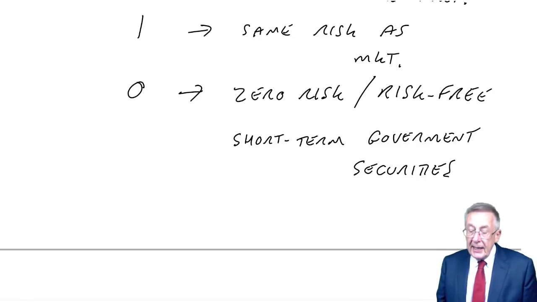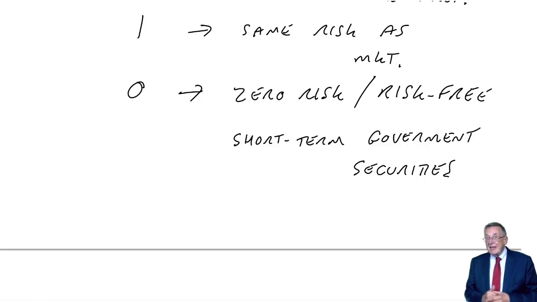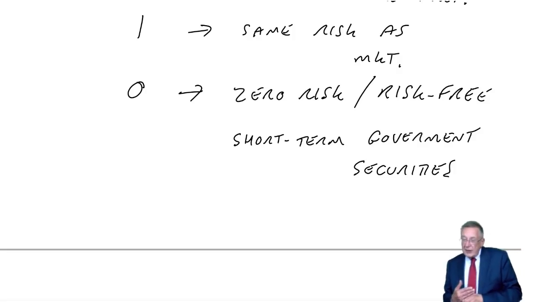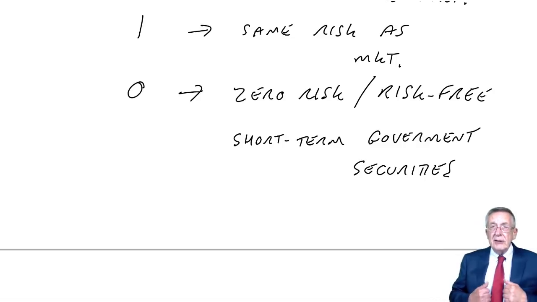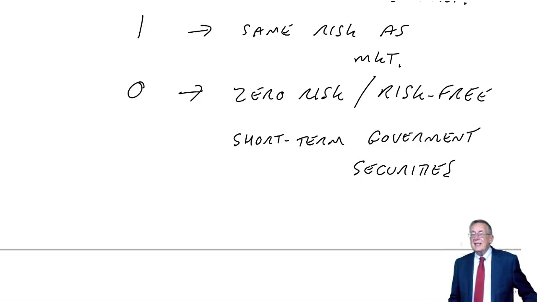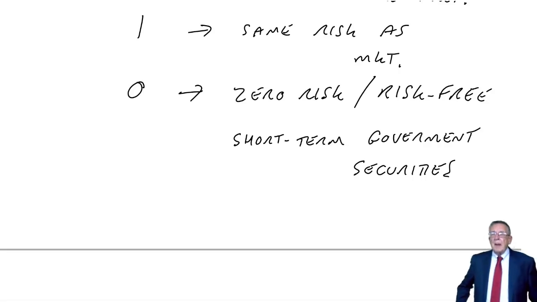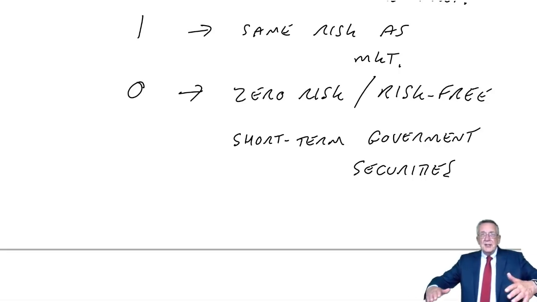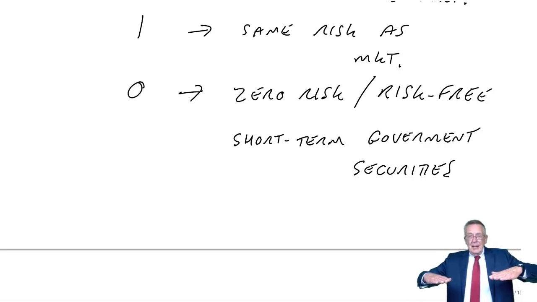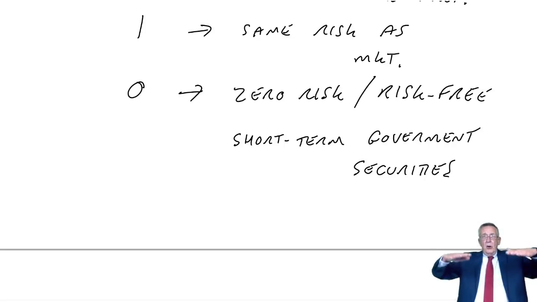If any of you are thinking, is it possible to have a negative beta? In theory, yes, but never in the exam, and in fact, even in real life, it's extremely rare, because as the economy does better or worse, all shares do better or worse.